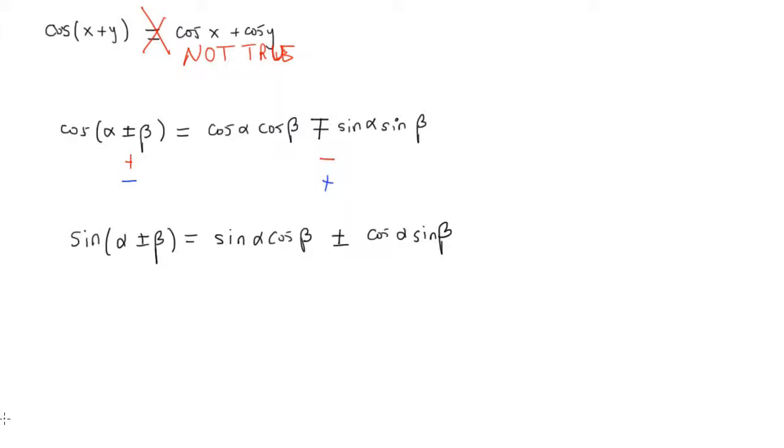Okay, so let's take a quick example of one of these. Let's compute, and I'm going to work in degrees here just to make this a little bit more concrete, whatever the cosine of 120 plus 45 degrees is. And when we do this, we're actually going to be exact.